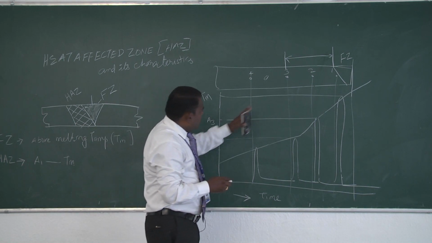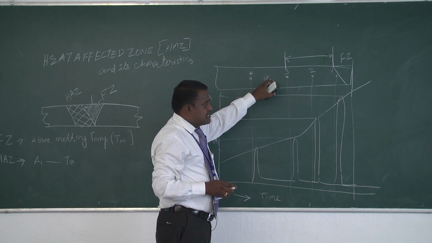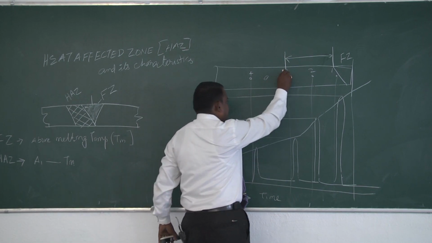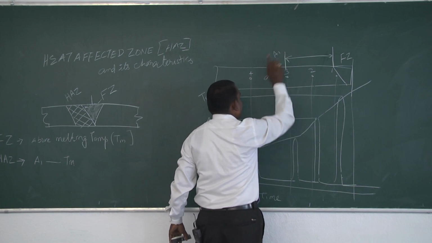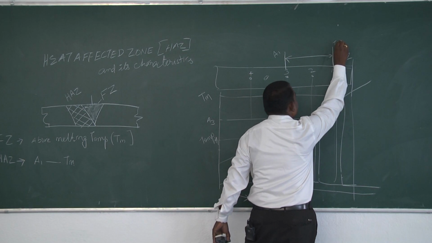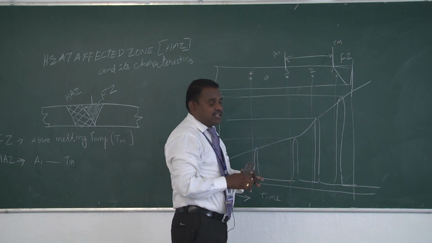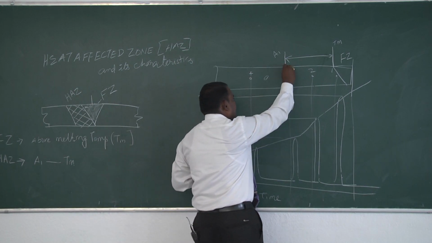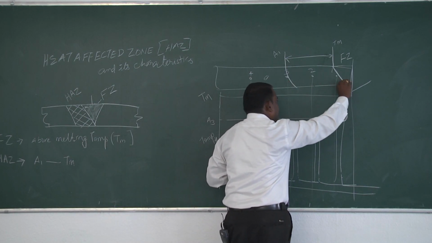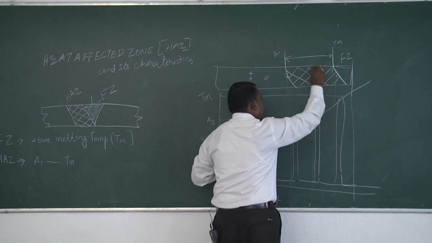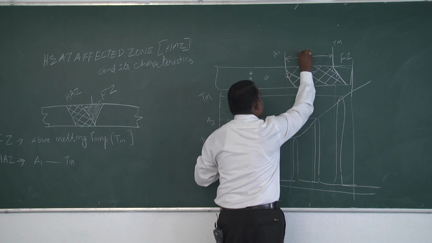So this weldment of steel microstructure, which experiences temperatures greater than A1 up to the melting temperature, will undergo a phase transformation. This is your heat affected zone.